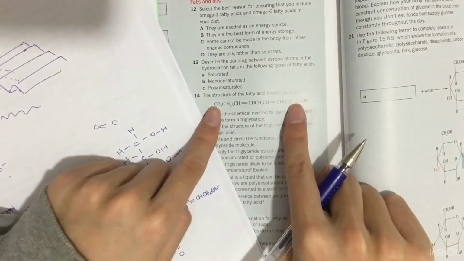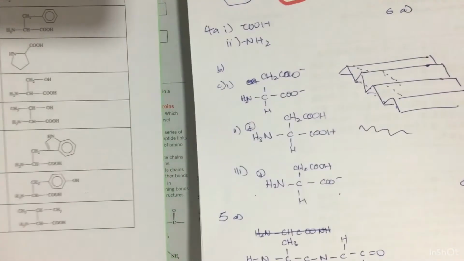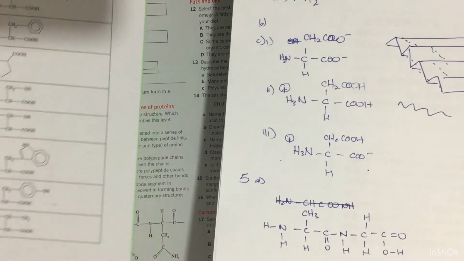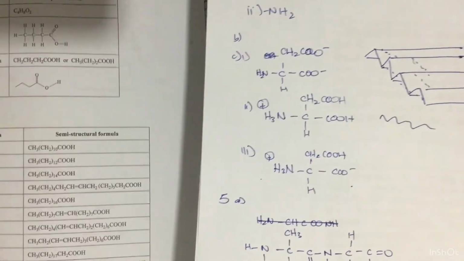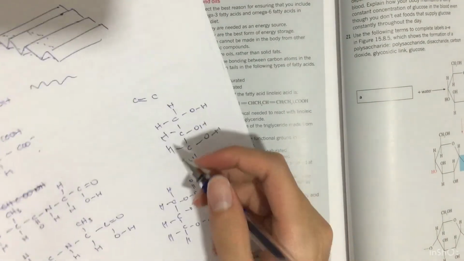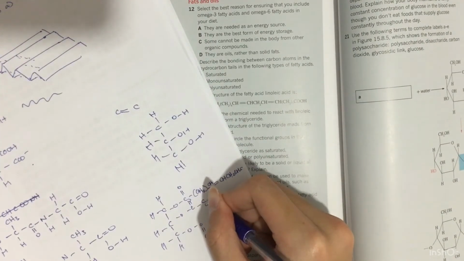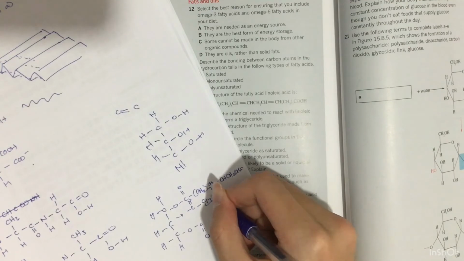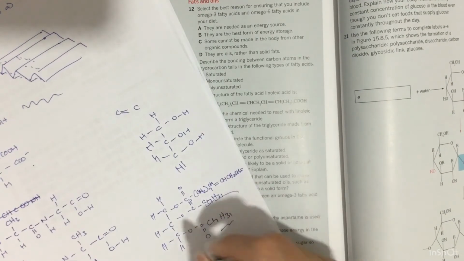We just copy this backwards each of these times. Linoleic acid. C17 H31, C17 H31. Okay.